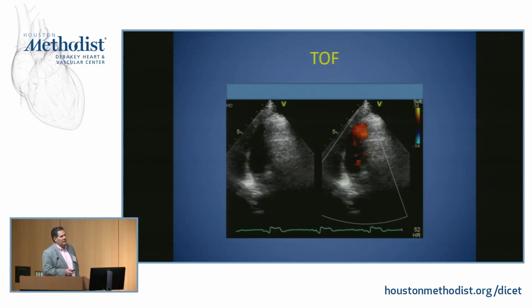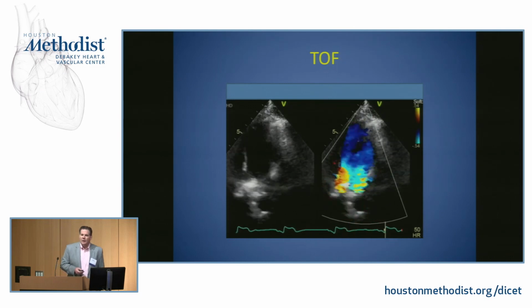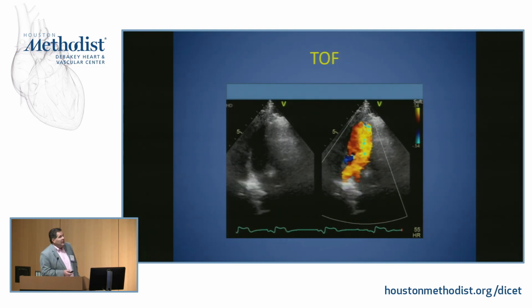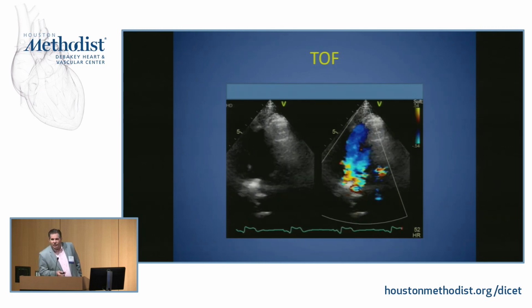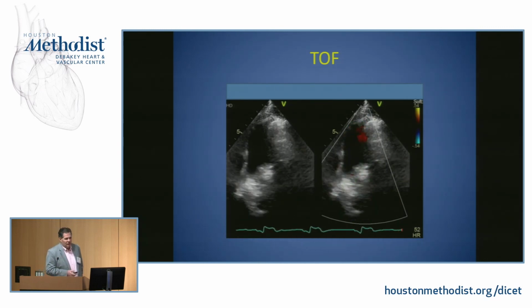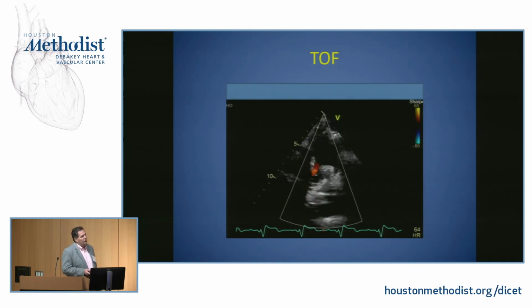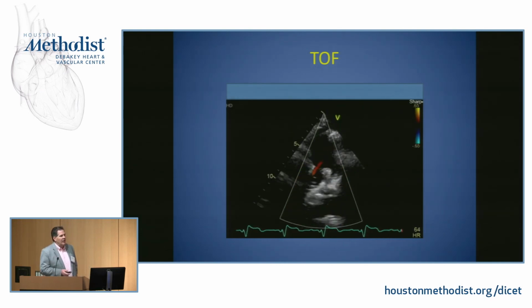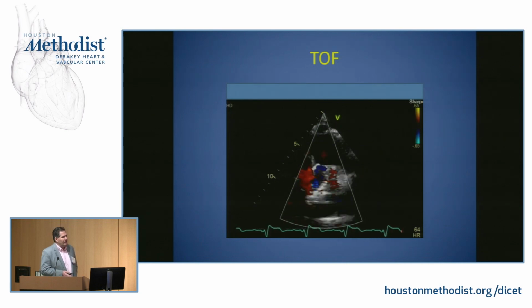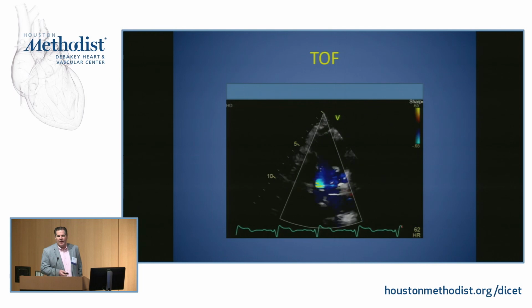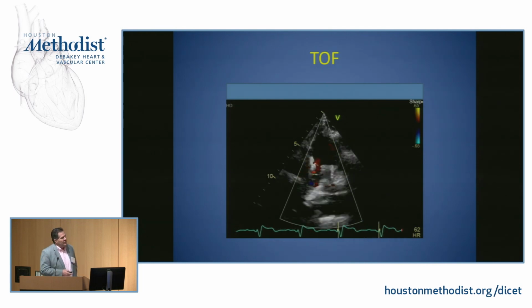So he not only had obstruction, but wide open pulmonary regurgitation with secondary right ventricular enlargement and right ventricular dysfunction. So we used transcatheter valves in the proximal branch pulmonary arteries to address both the obstruction and the regurgitation.